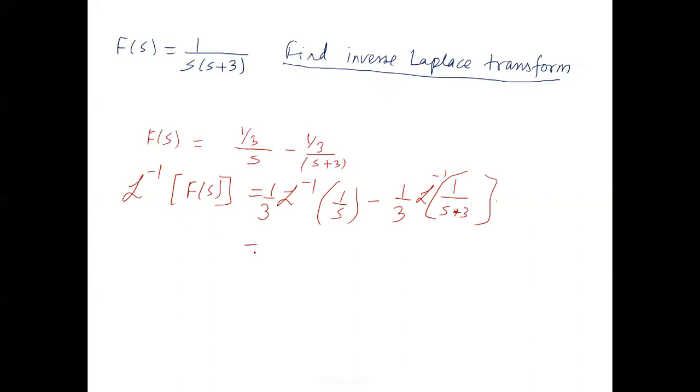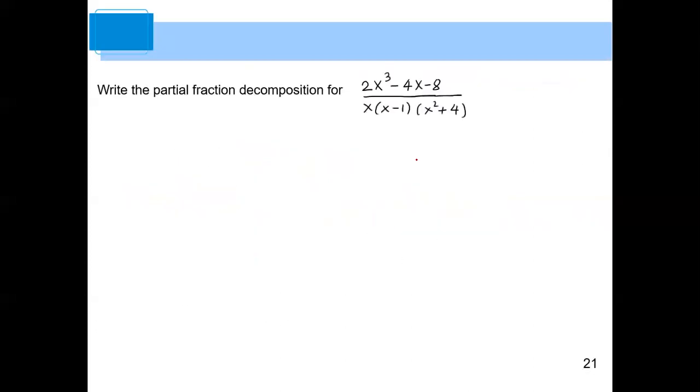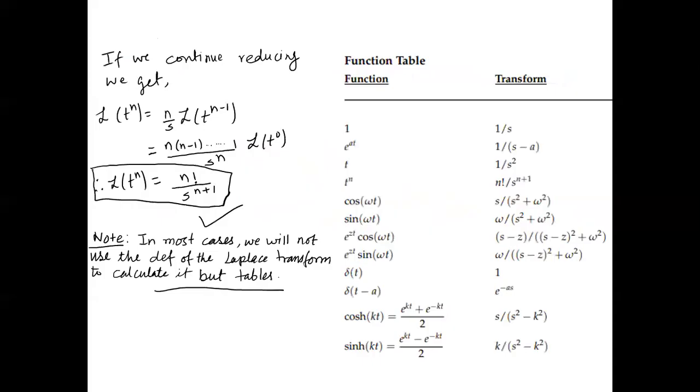Now look at the table and help me figure out the inverse Laplace transform of 1 over s. If you have the table here, I have to go all the way here. So 1 over s, what is the inverse Laplace transform of 1 over s? 1, right?